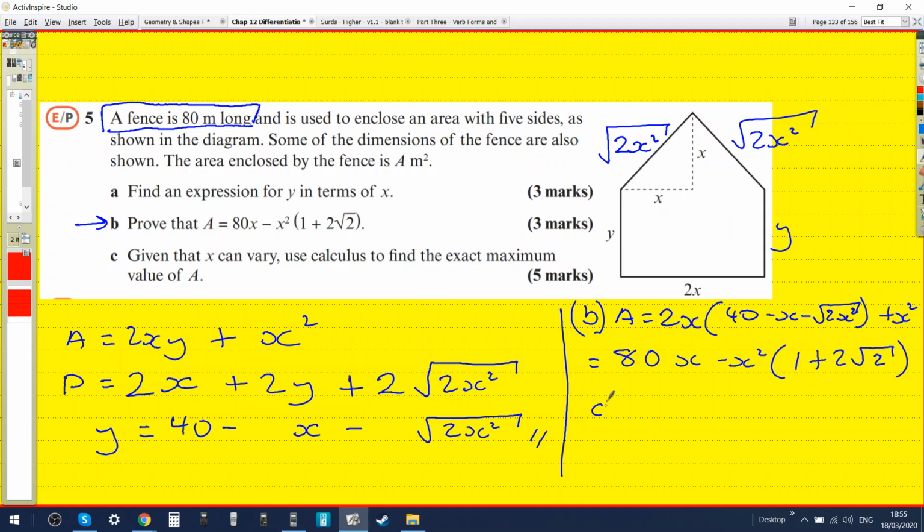And part C. Calculus. What does that mean? Differentiation or integration.